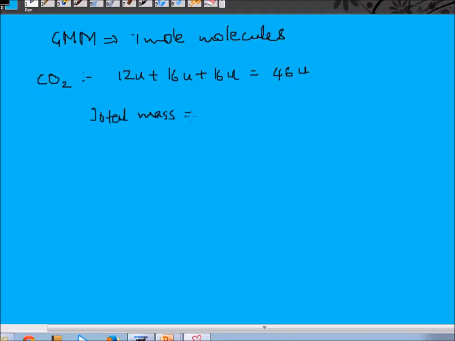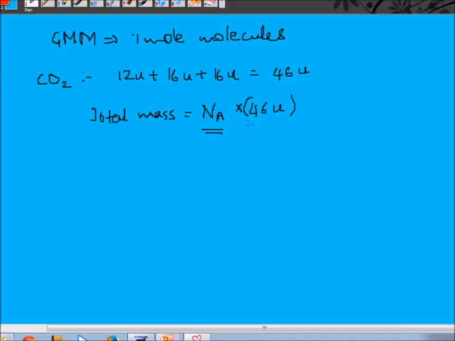So total mass will be Na into 44 U. That is the total number of molecules multiplied by the mass of one single molecule.